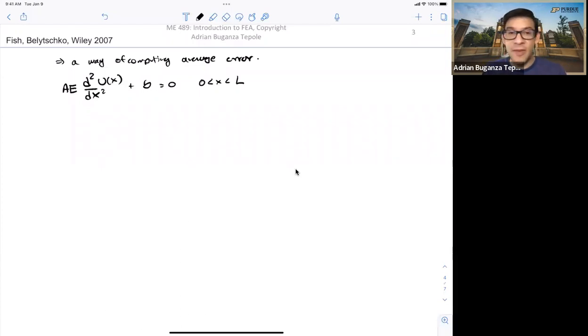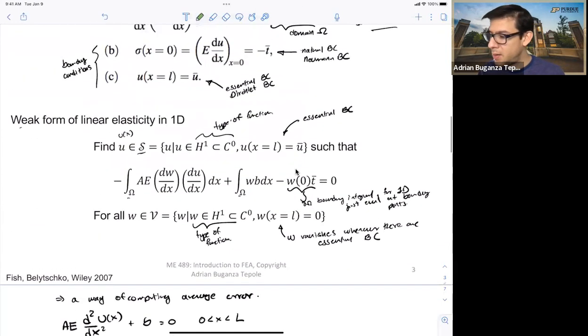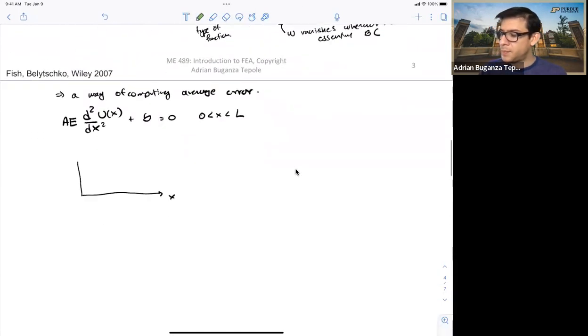So this has to be satisfied for every X. This is the function u that I'm after, and that function u has to satisfy this equation at every point.